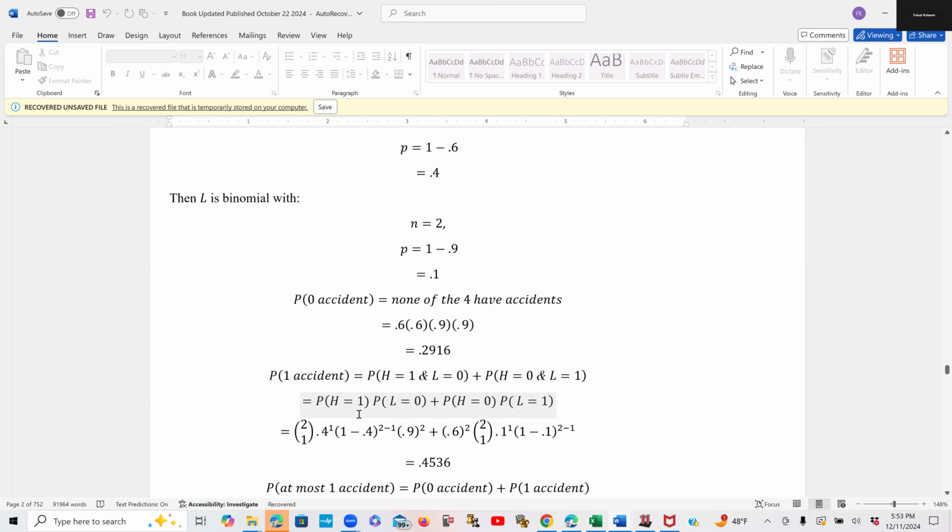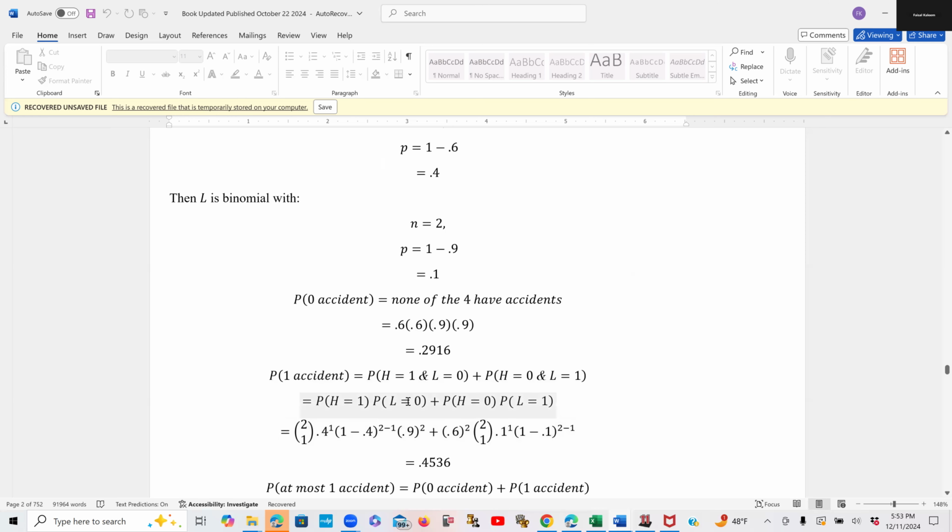And so we apply the binomial for H equals 1. So that would be 2 combination 1 because in this case X will be 1 in the binomial formula. So nCx will become 2 combination 1. And p was 0.4 for the high risk. So 0.4 power 1, 0.4 power x, and (1 minus 0.4) power n minus x.